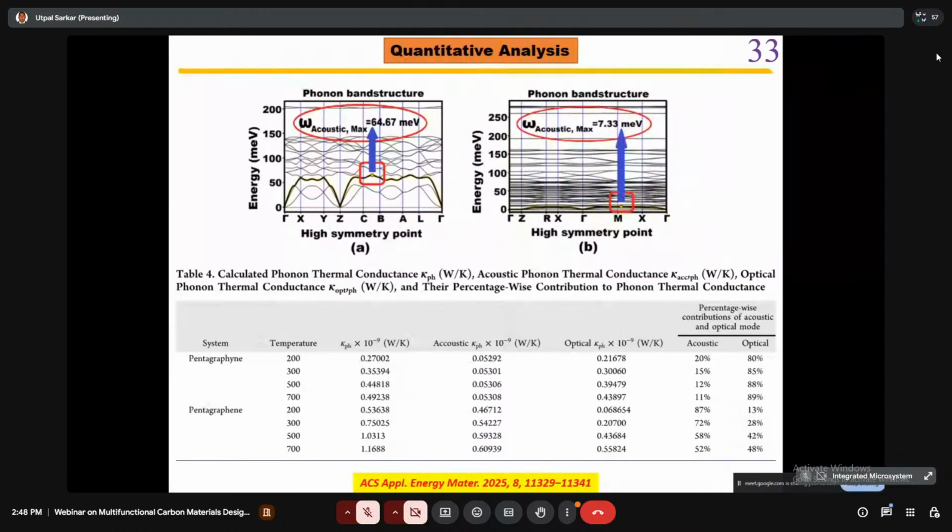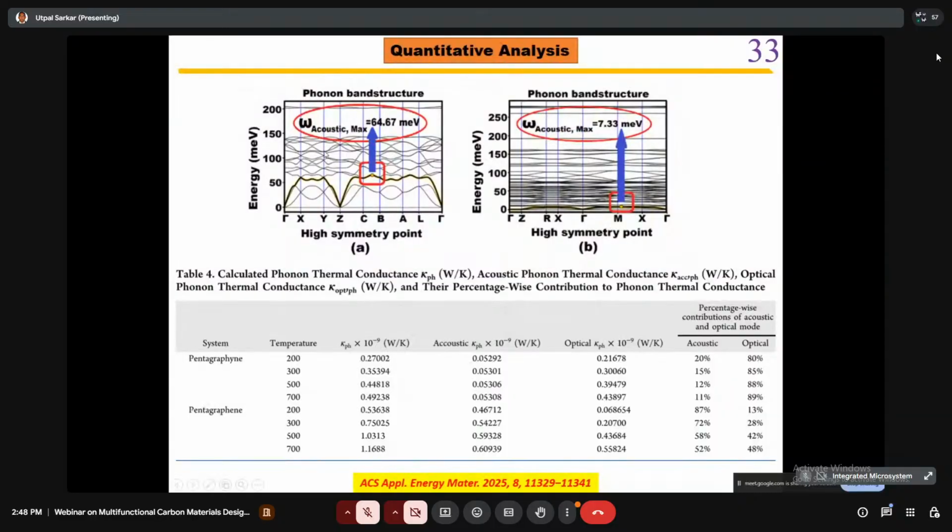So the phonon bands are mainly localized, and they are not moving within the material. So these phonon modes are not contributing to the thermal transport.